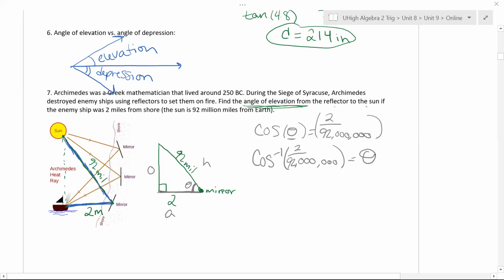So anytime I'm trying to solve for a side length, that's when I'm going to use the top one. If I'm looking for an angle, that's when I'm going to use the bottom one. So in your calculator, you should be able to just hit the second and then the cosine button, and then type in our number.